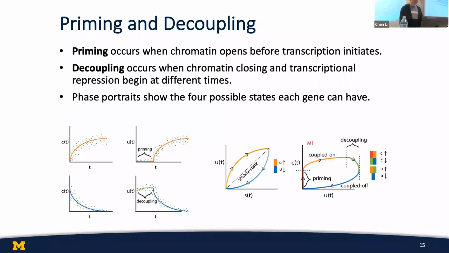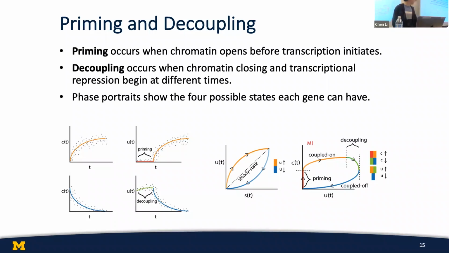First is priming. This is when the chromatin opens before the transcription initiates. There's a time lag between when the chromatin opens and when the transcription starts. Decoupling is defined as a time lag between the chromatin closing and the transcriptional repression.